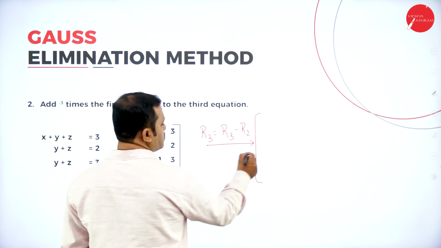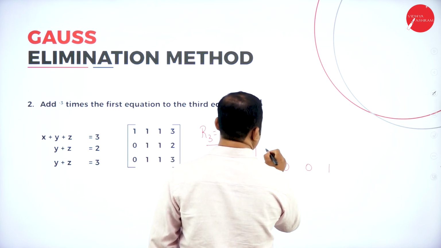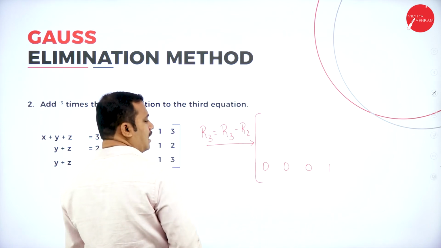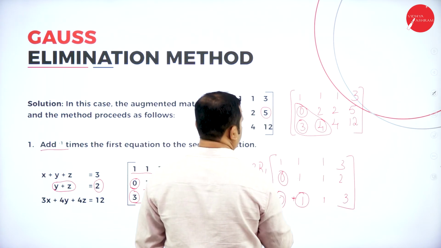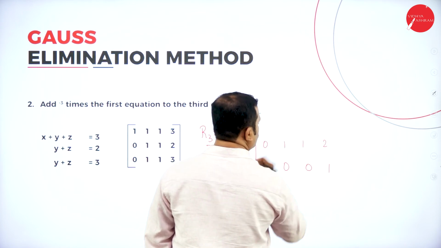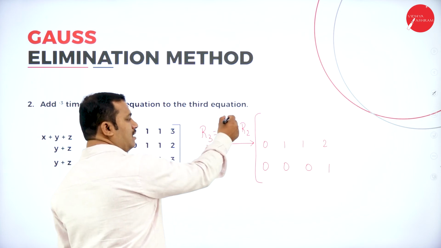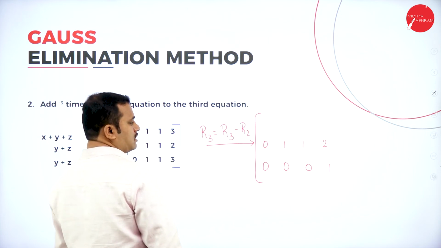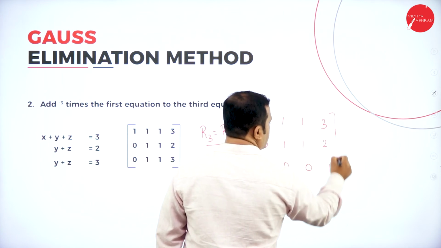And the rest of the rows I'll keep as it is: 0, 1, 1, 2. And if I keep the first row as it is, that is 1, 1, 1, 3.